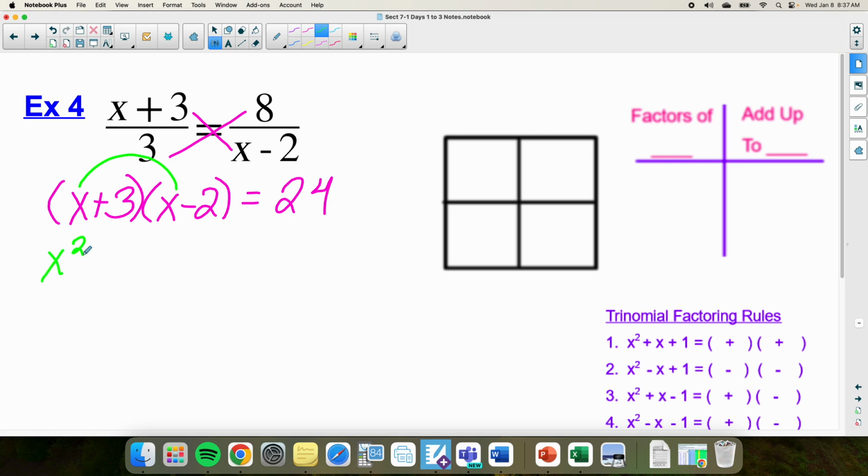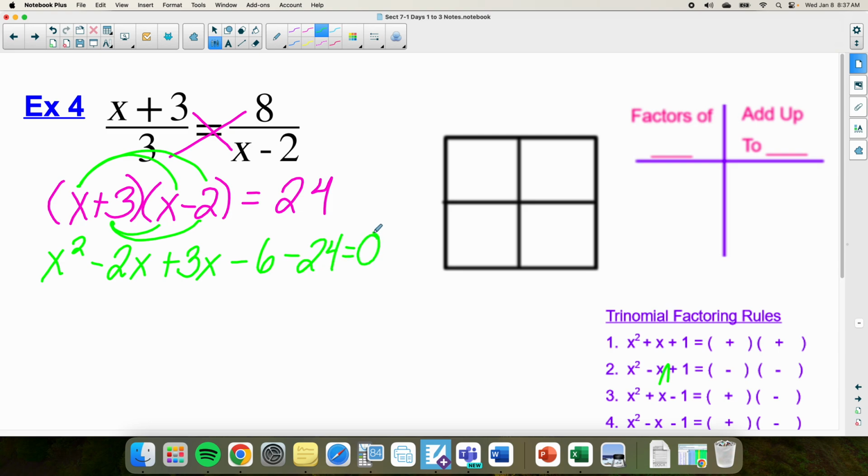The O is outside, which is x times a negative 2, which is negative 2x. The I is inside, which is these two, so that's plus 3x. And then the L is last, so it'd be 3 times a negative 2, which is negative 6. And then that 24 is going to come over to the left side, and it's negative 24, and that equals 0.